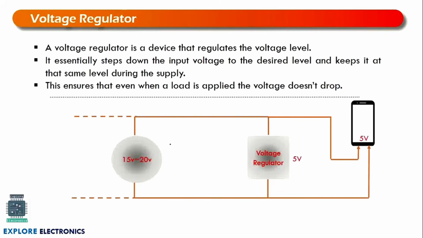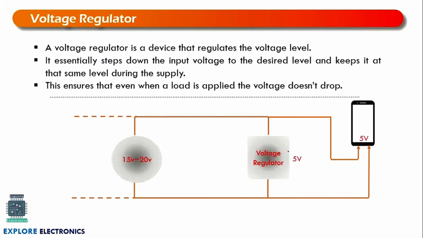Even if there is a variation in the input voltage coming to the regulator, it will regulate that to a constant 5 volts that can be applied to a device like a mobile phone. We call it the load for a charger. Even if the load varies, meaning the mobile phone changes, it requires a 5 volt supply.